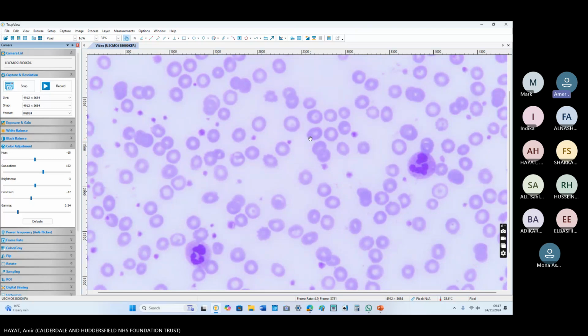There is platelet anisocytosis. The impression is likely a reactive response to infection. Please correlate clinically or check the infection marker and coagulation screen.